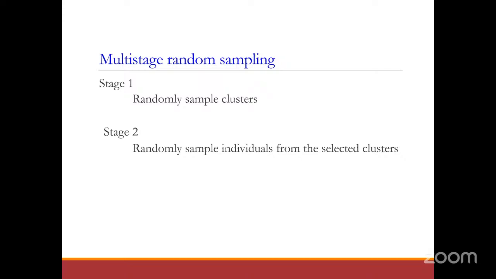After that they select the households. They select the villages by one kind of probabilistic sampling, and after that they select the households with another probabilistic approach. So in one survey, if we use multiple kinds of probabilistic sampling, that is multi-stage random sampling.